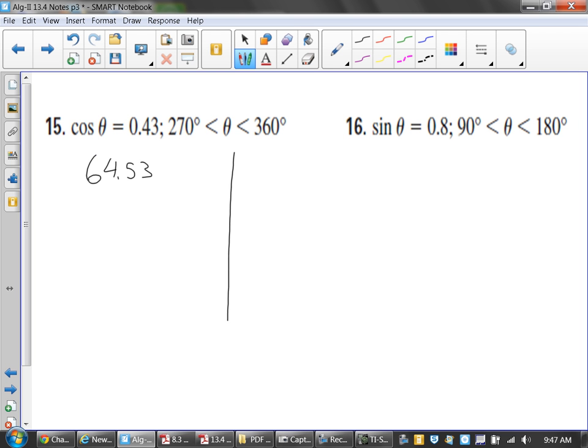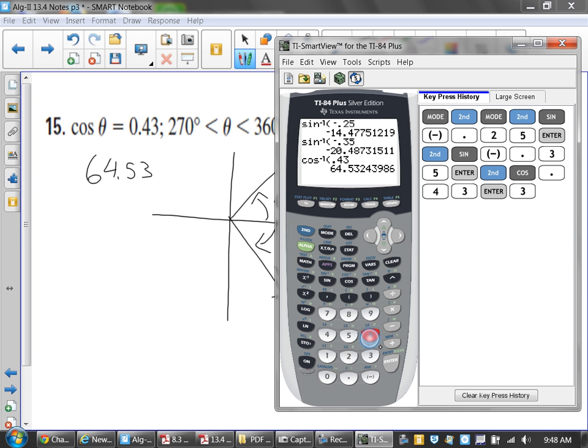And they want us to be in the fourth quadrant. So the reference angle here will be 64.53. To come back down here, I take 360 and subtract that.